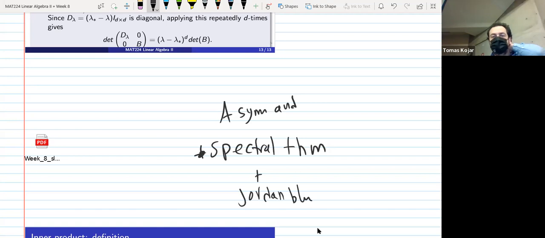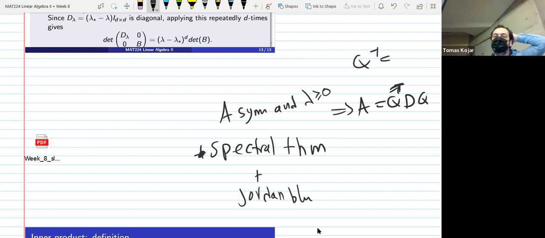That's one interesting formulation. You can write it as Q, D, Q transpose. So instead of P inverse, you can write it as some orthogonal matrix. This is called orthogonal. So we'll get back to this. This shows up all over the place. That's the whole point of this course. Spectral theorem for general vector spaces.